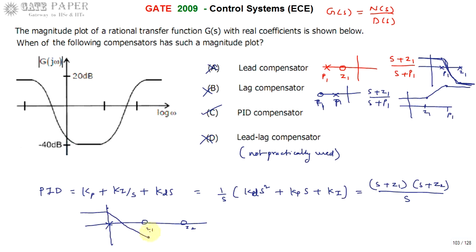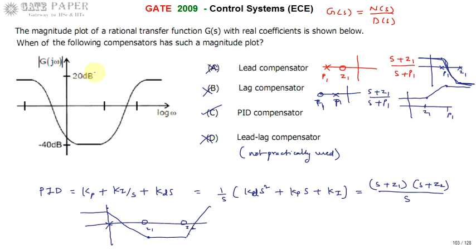Whenever z1, the first zero, occurs, it contributes plus 20 decibels per decade, so the total effective slope becomes zero, because the pole introduces minus 20 and the zero introduces plus 20. This continues till z2, and after z2 the slope introduced by z2 is plus 20, so the effective slope is plus 20 decibels per decade and the magnitude increases. So the transfer function looks like the given magnitude plot, and the right answer is the PID compensator.